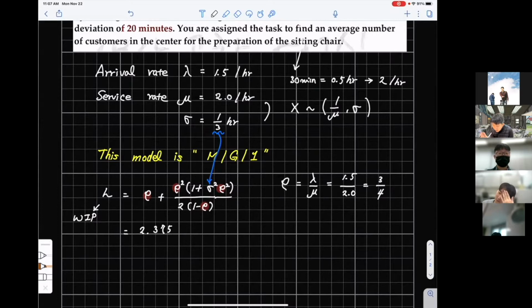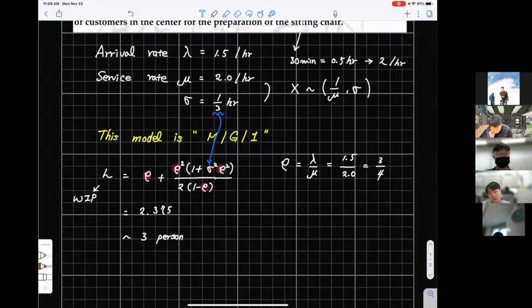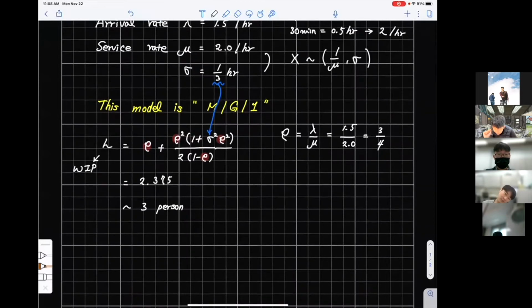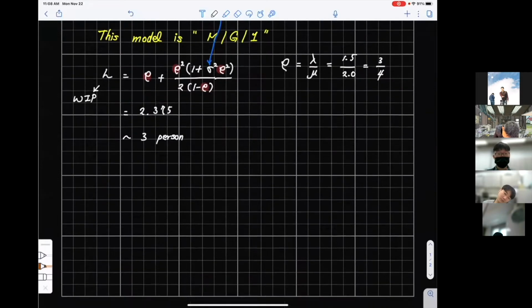One person cannot be split, so this means 3 persons on average in the long term. So from here, we can deduce that the required number of chairs becomes 3. So it is a very simple example, but there can be other kinds of approaches.